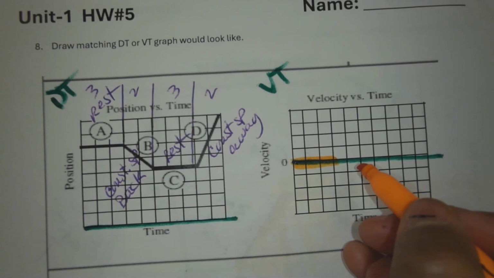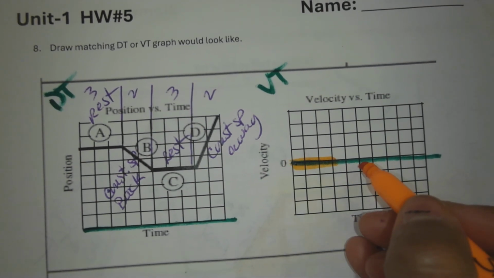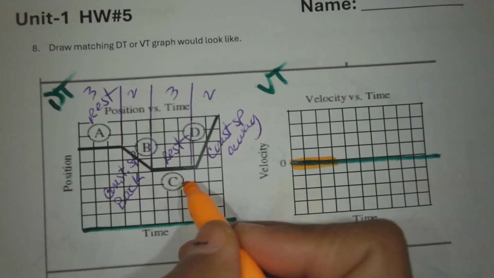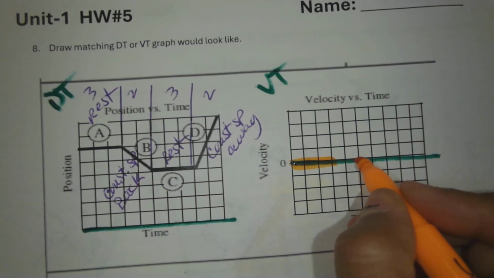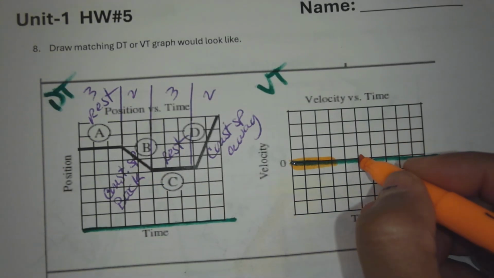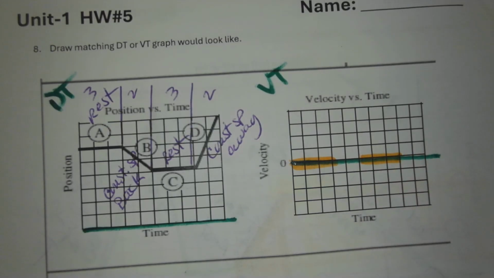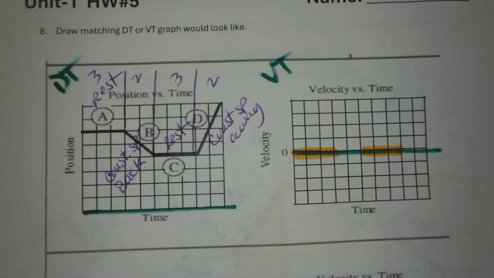I'm going to skip 2 seconds because that's this slope right here. Then the next one is 1, 2, 3. I'm just going to knock out those 2 easy ones, right? Now I've got a constant speed back, and then I have a constant speed away.